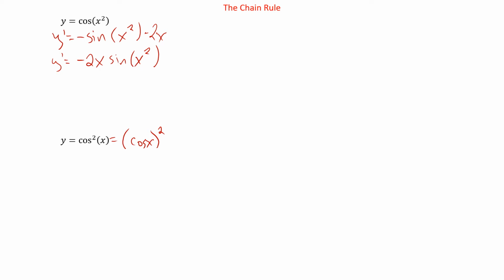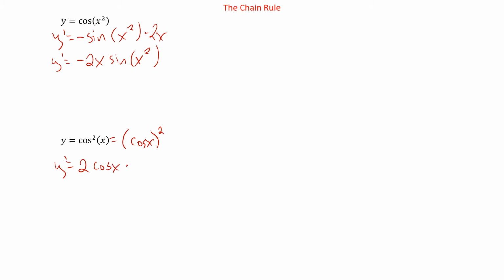So we have cosine of x, squared. What's the big thing going on here? Again, if we change something to the word something, we have something squared. So that's our u. What's the derivative of something squared? Y prime, the derivative of something squared is going to be 2 times this something, in our case cosine x, then times the derivative of that something.